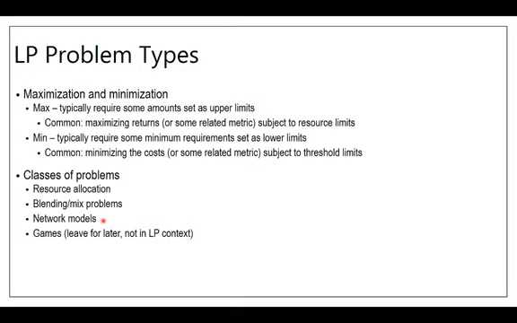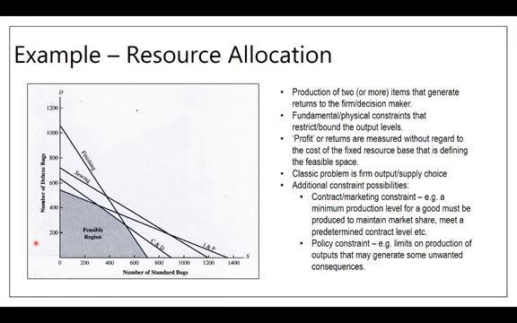You have many options. How do you get things moved around to meet the requirements at the lowest cost? And then the last class is games. We'll leave that for later, and we probably won't even use a linear programming approach to that. Linear programming is not the most efficient way to solve games, competition games, where you're thinking about strategy.